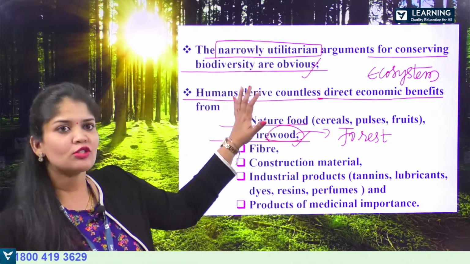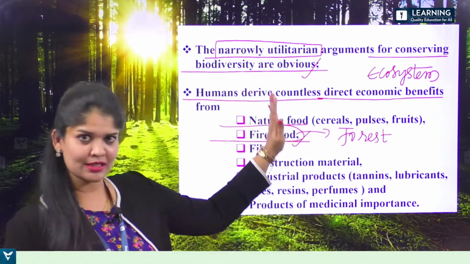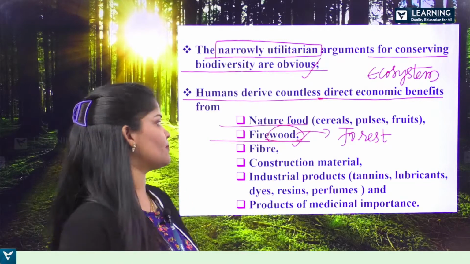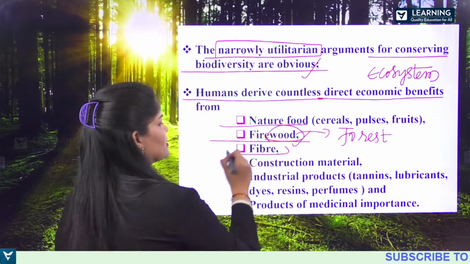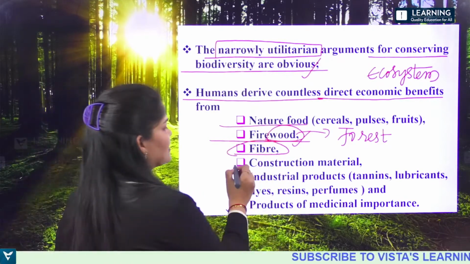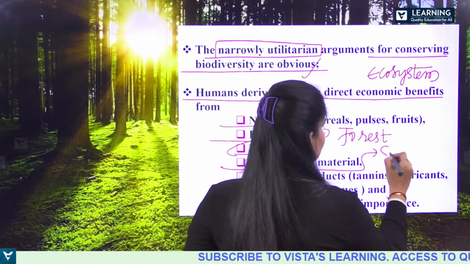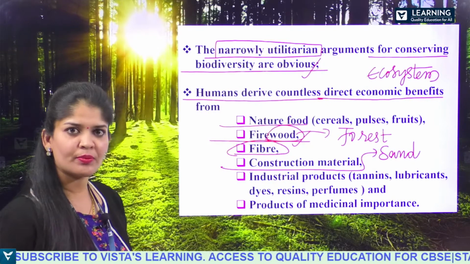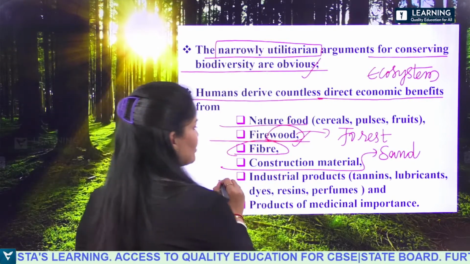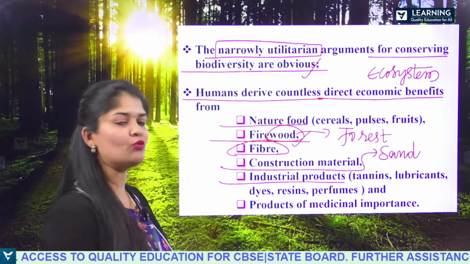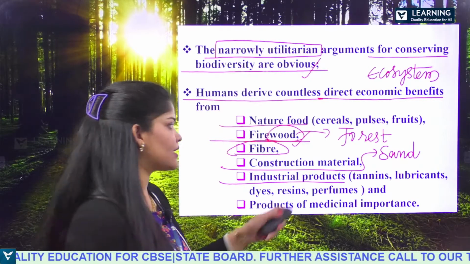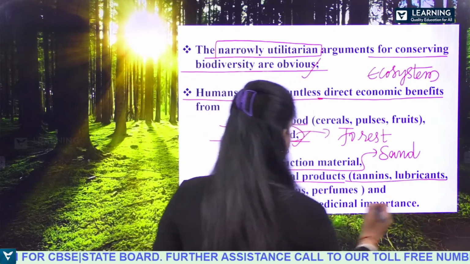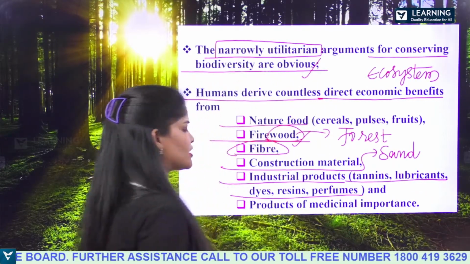And these are the ecological services that we are getting from our ecosystem. And also we are getting fibers. Even we are getting construction material. We just discussed the sand formation that happens from rocks, and industrial products, very commercially valued products, like lubricants, tannins, perfumes, resins, dyes.